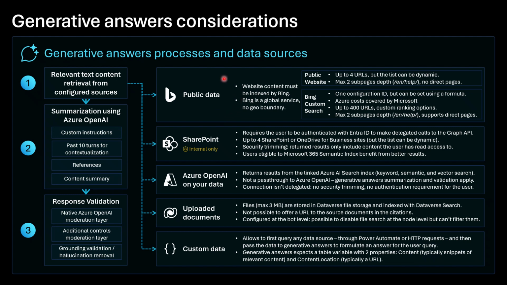This can be public data from public websites, custom search, SharePoint, Azure OpenAI on your own data, uploaded documents, or you can pass curated data from any source as your custom data. Then Azure OpenAI will summarize the data source and provide an answer based on the prompt. It will also do response validation with a moderation layer and hallucination removal.